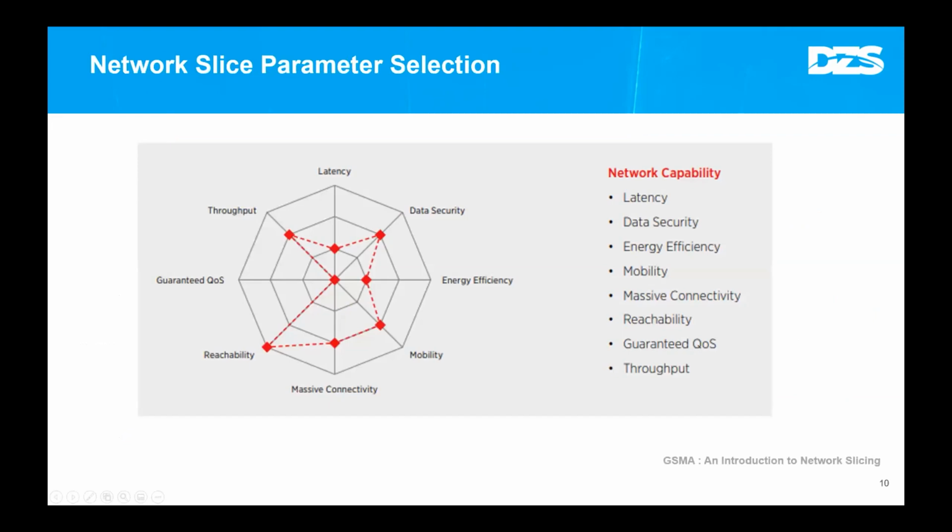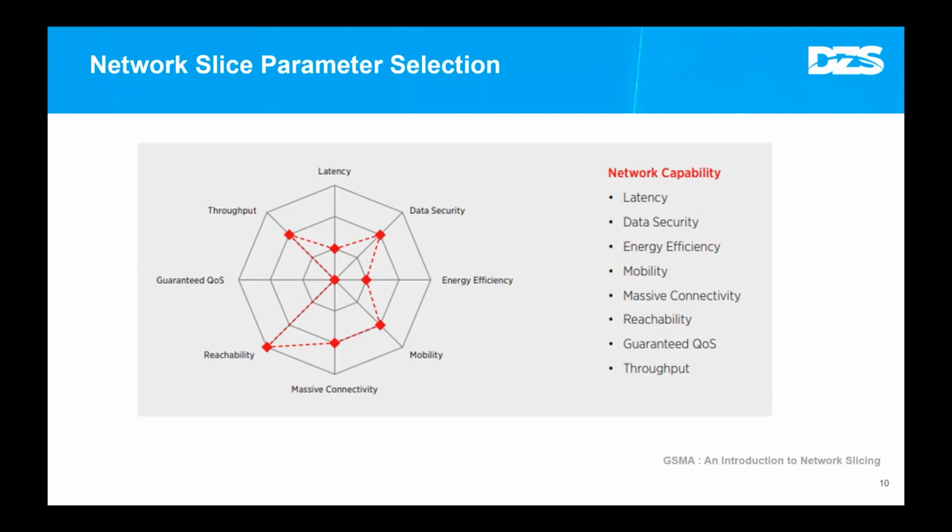So here's a figure from a GSMA white paper a few years ago introducing network slicing. GSMA is another trade association that did some work in describing network slicing. And this is a pretty good summary of the different parameters that one might use to define a slice, what network capabilities are required.